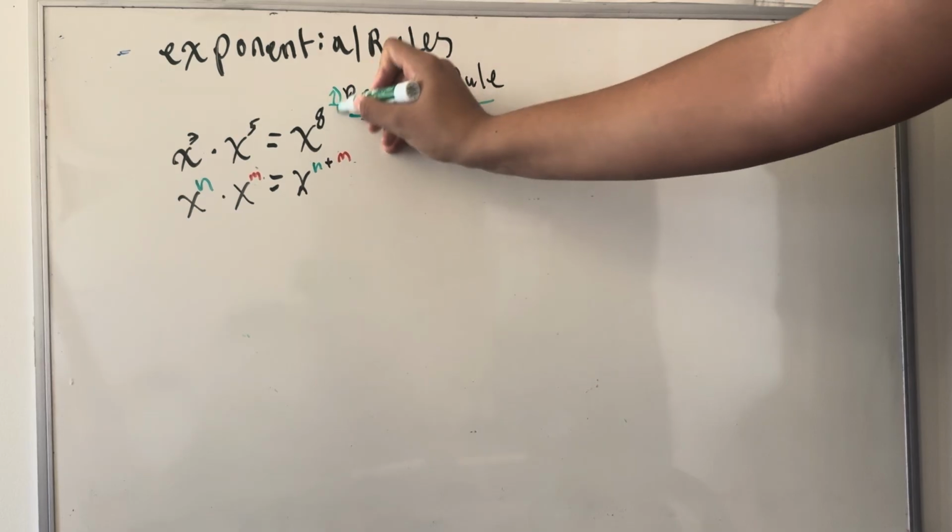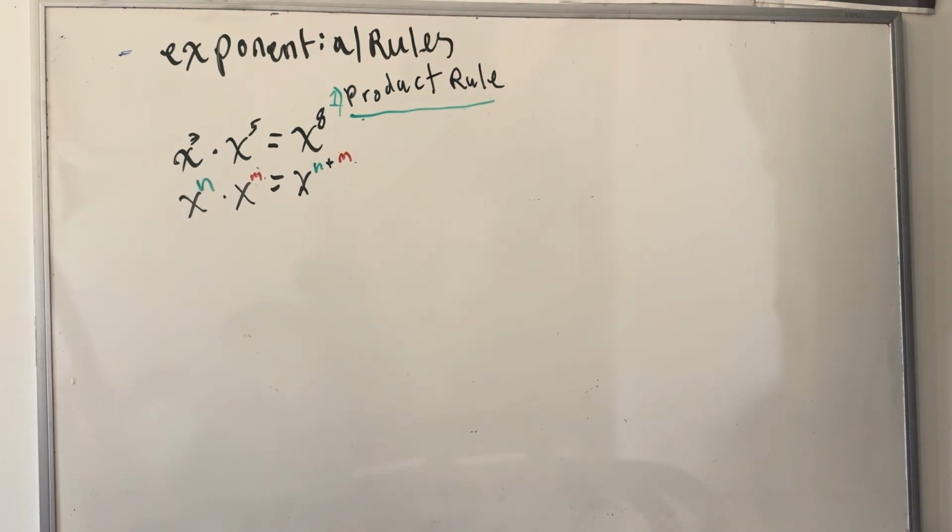Label that as 1. Then we also have the opposite of the product rule. We have something called the quotient rule.